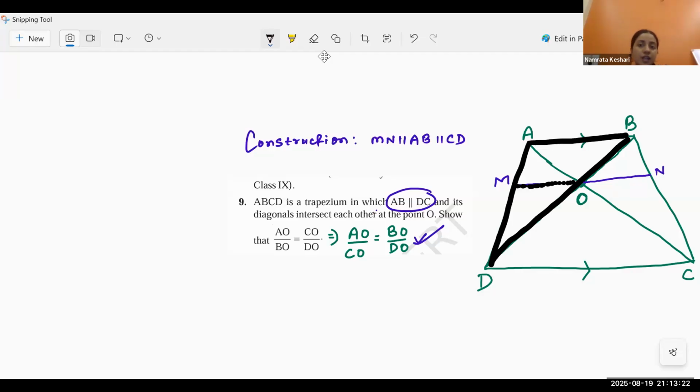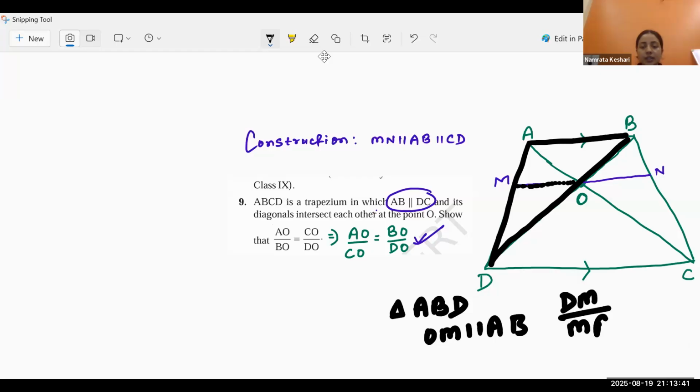According to the construction, we have a line which is parallel. Hence, the ratio will be the same. Which ratio? In triangle ABD, OM is parallel to AB. Hence, the ratio you can write as DM by MA is equal to DO by OB, right? Is it clear? Yes, ma'am.